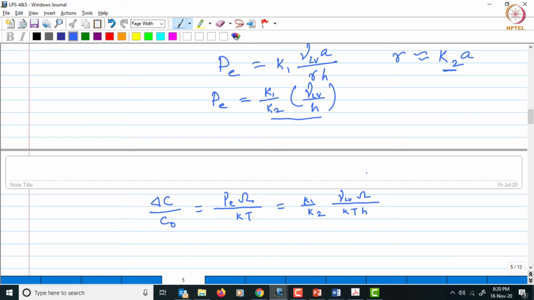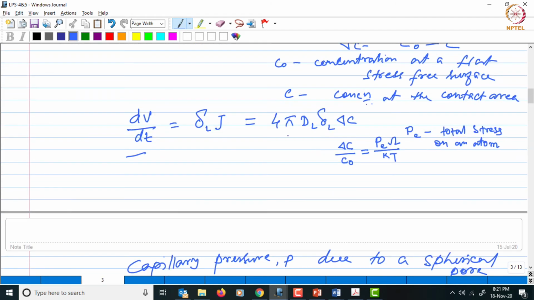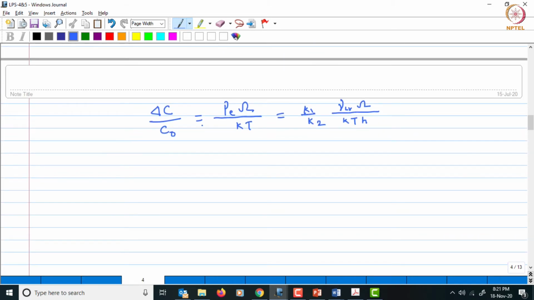And now if we take dV by dt from here and replace delta C over here, then we would get dV by dt as follows.